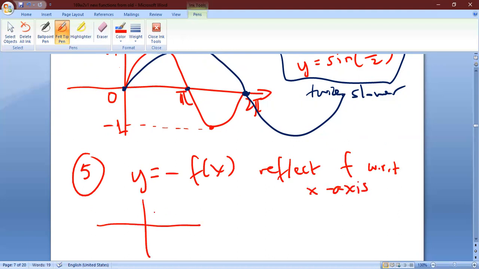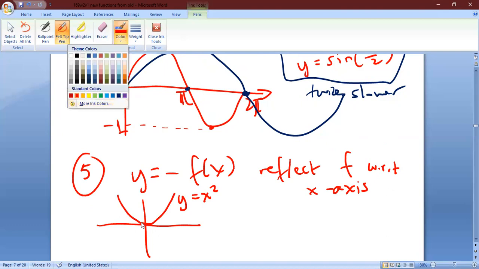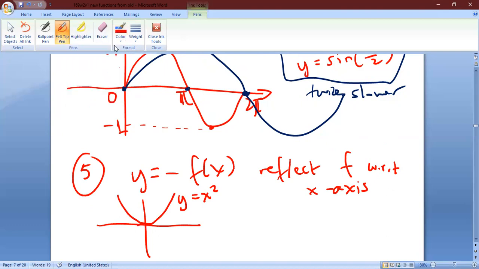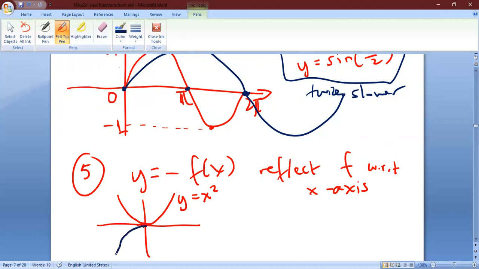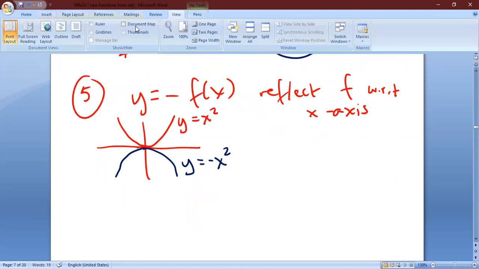Let's say y equals x squared. If we have y equals minus x squared, then we are going to multiply all of the outputs by a negative. So the outputs will be reflected like this. This is y equals minus x squared.